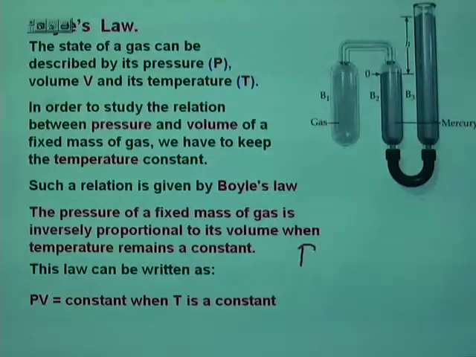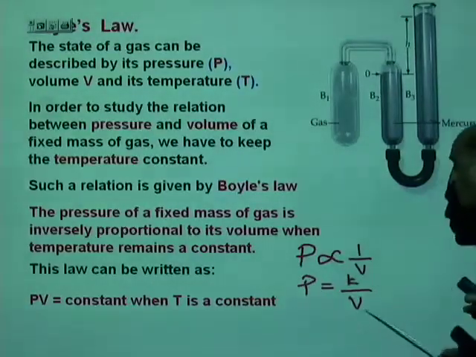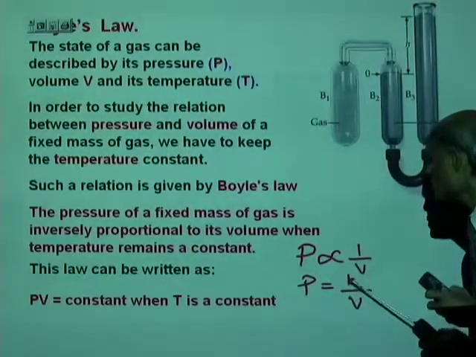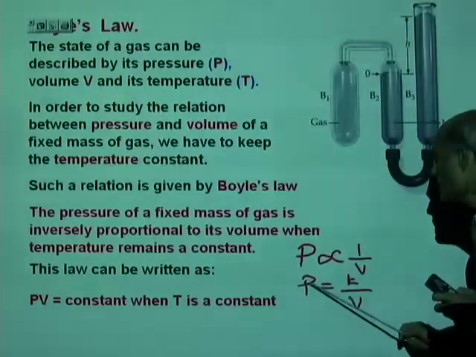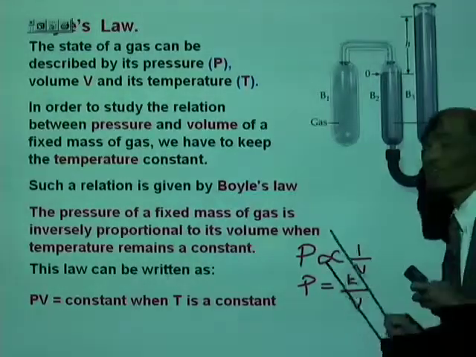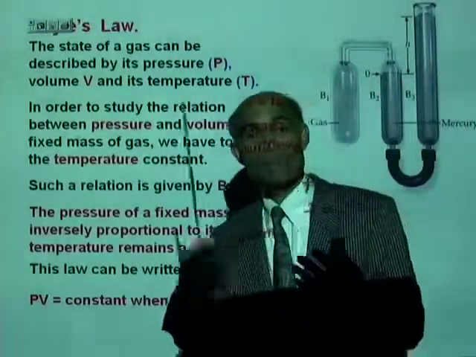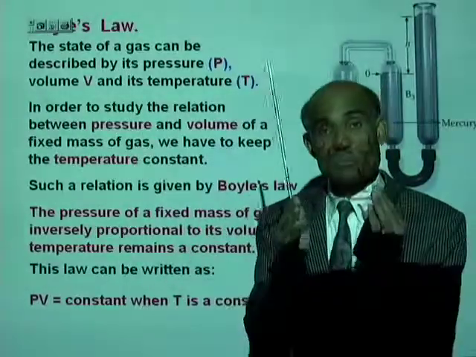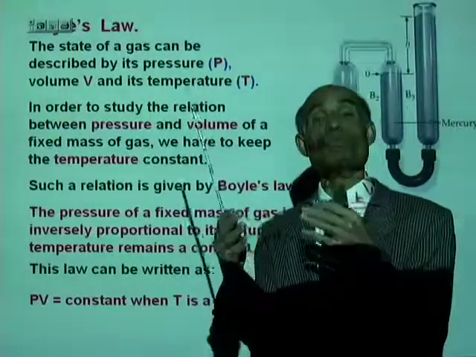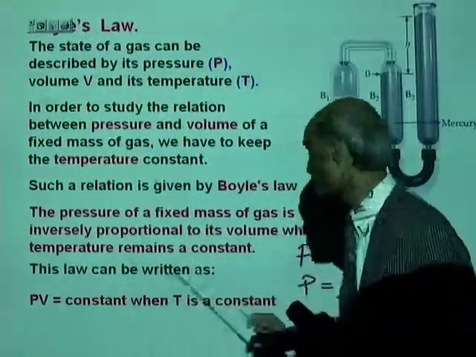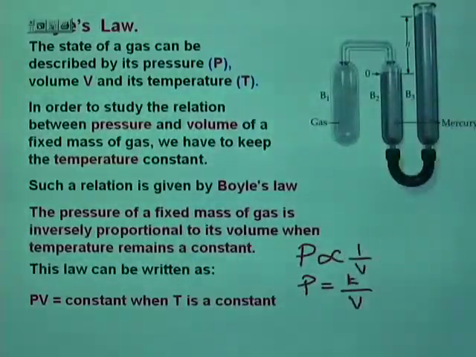We can say P is proportional to 1 over V, which means P equals a constant divided by V. This is what the law means. Pressure equals a constant divided by V, or P times V will remain a constant. That means pressure and volume can change, but pressure multiplied by volume will remain the same so long as the temperature remains the same. That is what is given by Boyle's law.